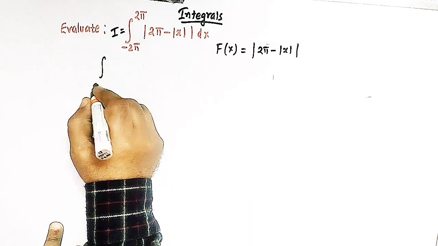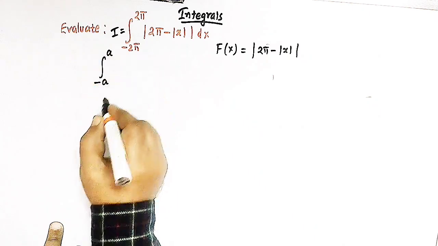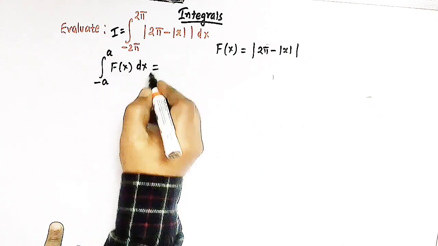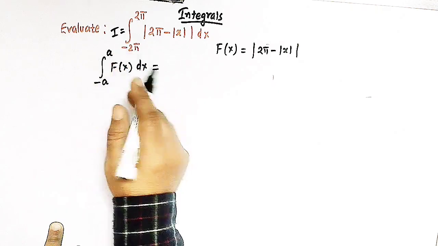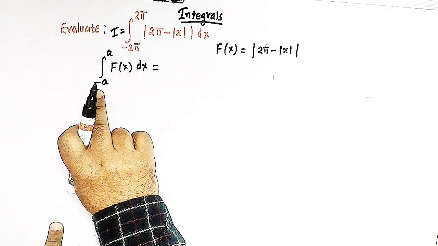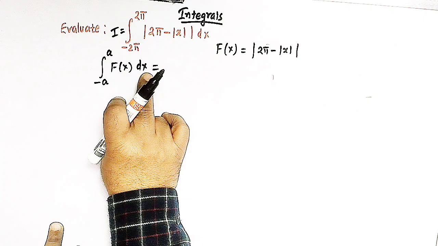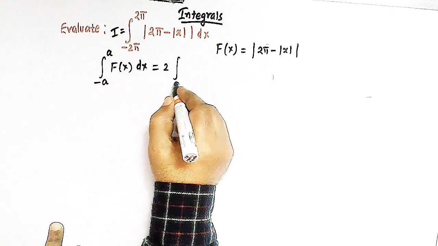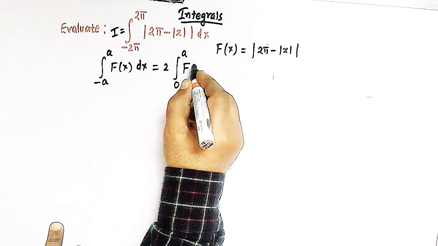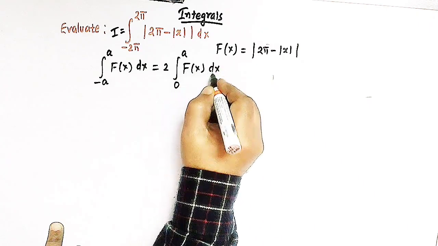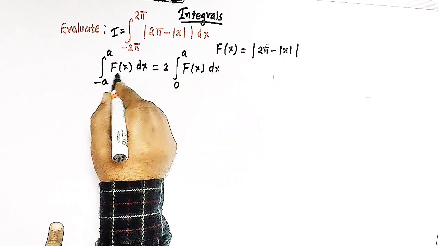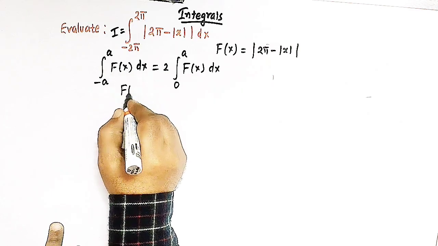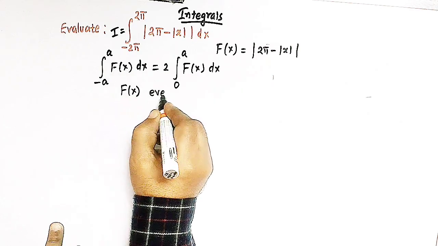So here we have minus a to a, and we have a function say f of x dx, and the value of this integral that is from minus a to a f of x dx is equal to 2 times the integral from 0 to a f of x dx, provided this integrand, that is this function f of x, is an even function, right?